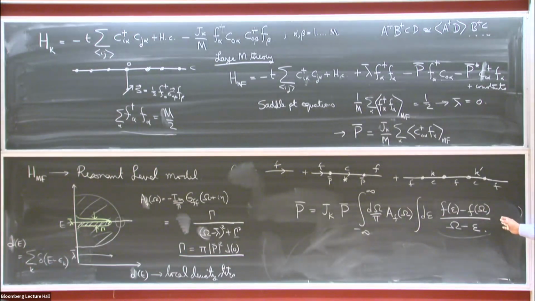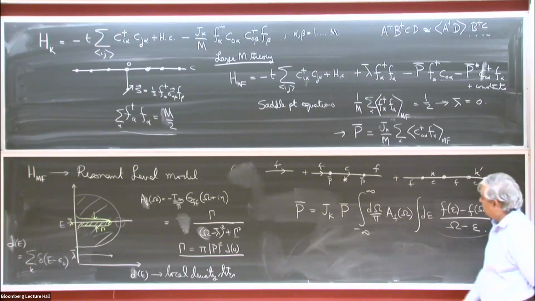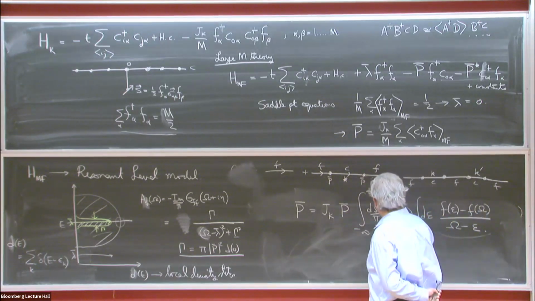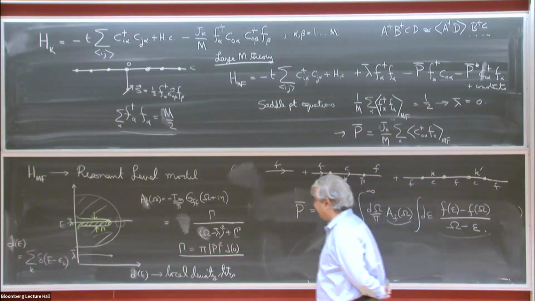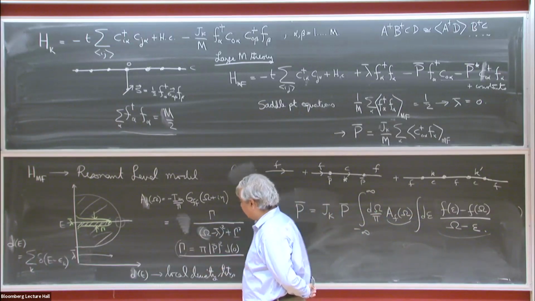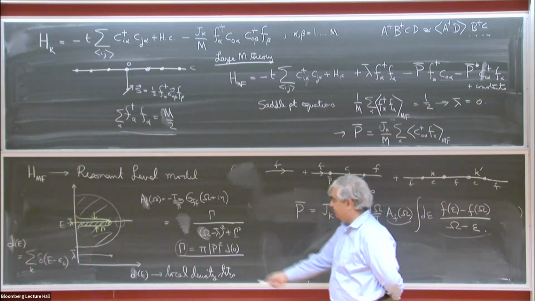Okay, so the last thing you have to do is to solve this equation in the low temperature limit for P bar. This will give you P bar as a function of JK. And here, this AF of omega also involves P bar, because it has this inverse lifetime gamma, or the width of the level, which depends on P bar squared.